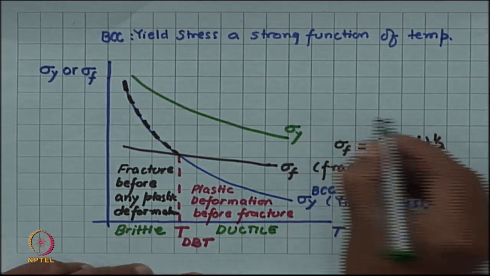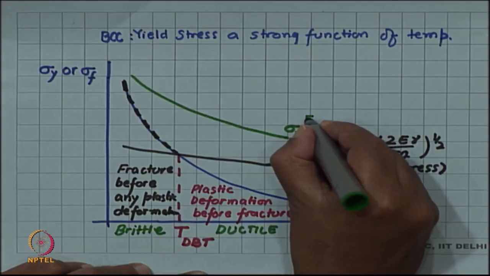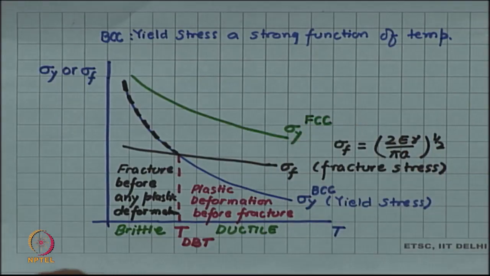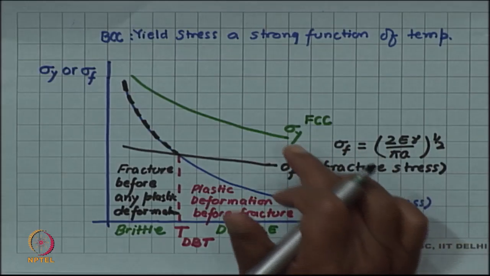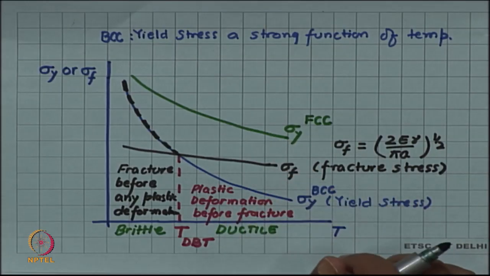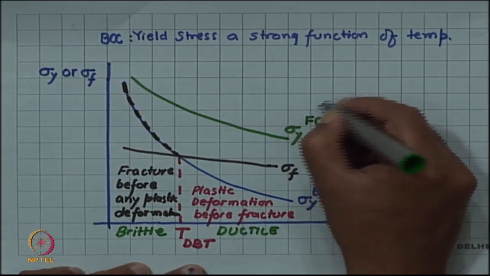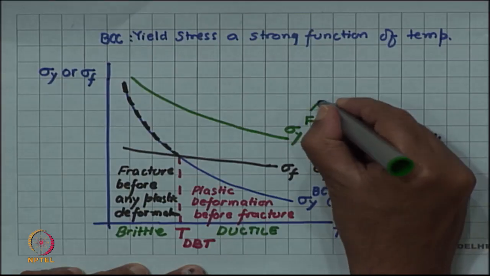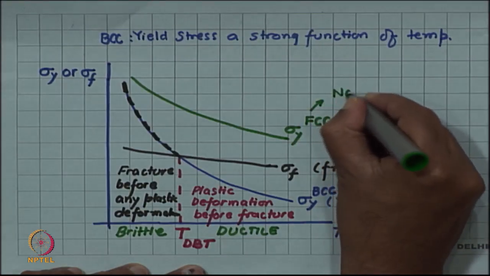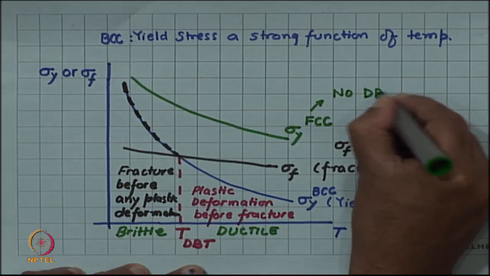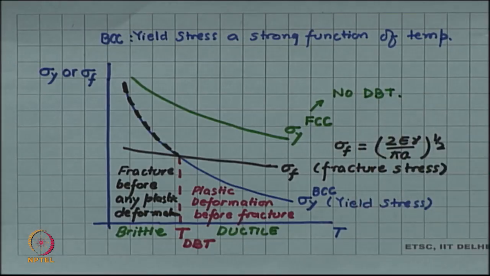This happens in the case of FCC materials. So, FCC materials in general do not show a very strong dependence of yield stress on temperature. So, there may not be any intersection between yield stress and the fracture stress. So, they will not show any ductile brittle transition.